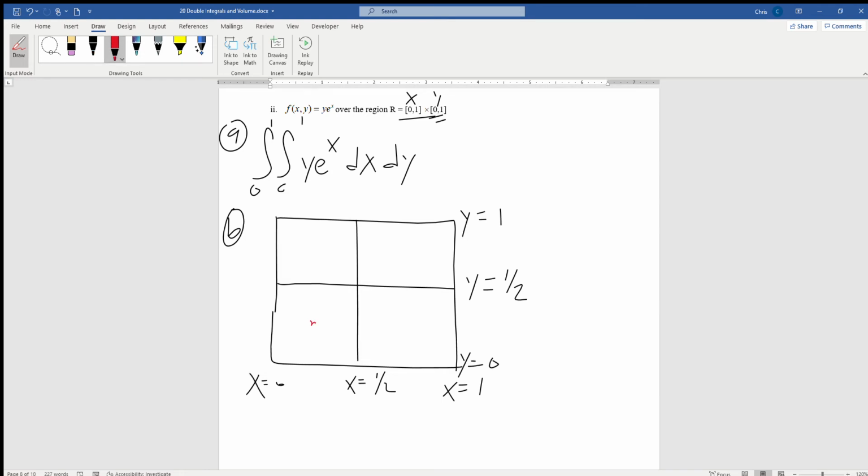For this one right here, halfway between 0 and a half is a quarter. Halfway between 0 and a half on the y-axis is a quarter as well. Halfway between a half and 1 is 3/4, or 0.75.